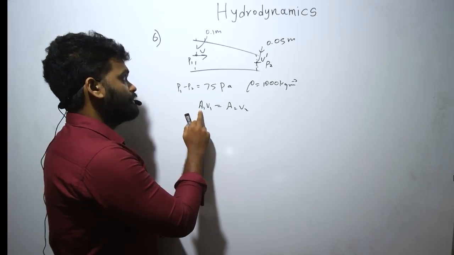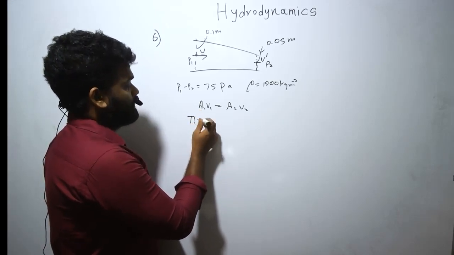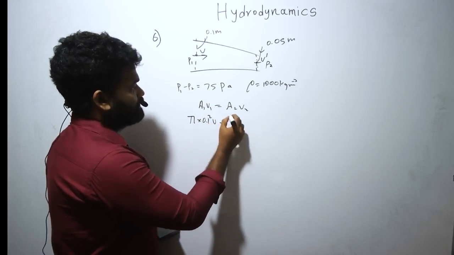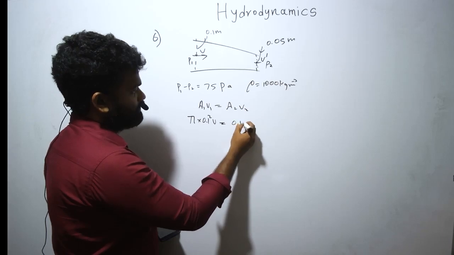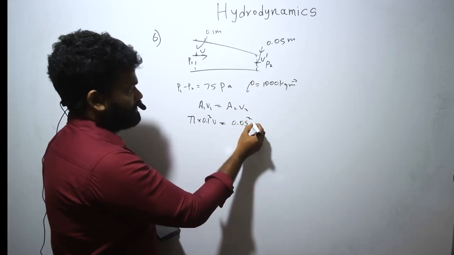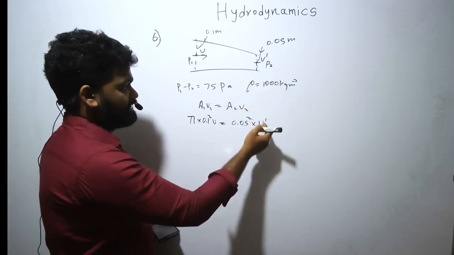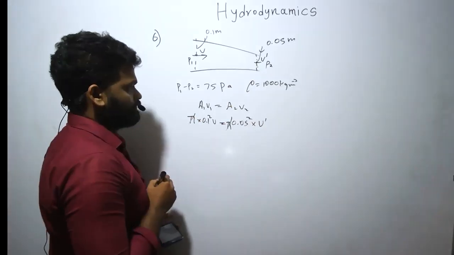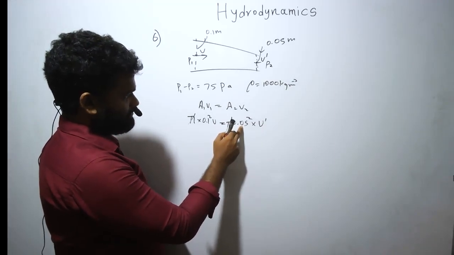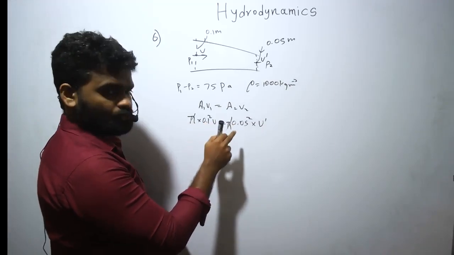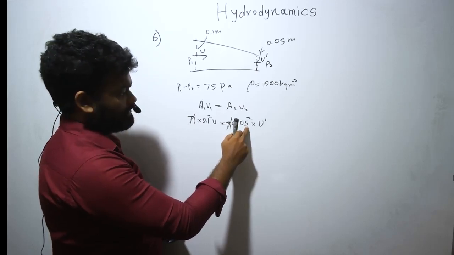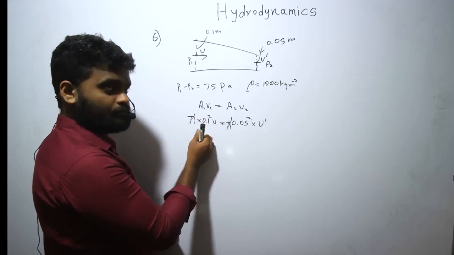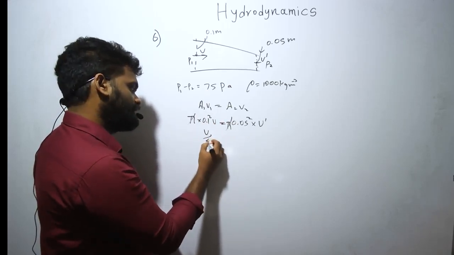So A1, that is pi r squared, 0.1 squared, times velocity V, equals A2, 0.05 squared, times velocity V dash. Pi cancels off. When you divide 0.1 by 2, you get 0.05, right? So when you take it here, it is 1 over 2, but it gets squared, so 1 over 4. So it is V over 4.